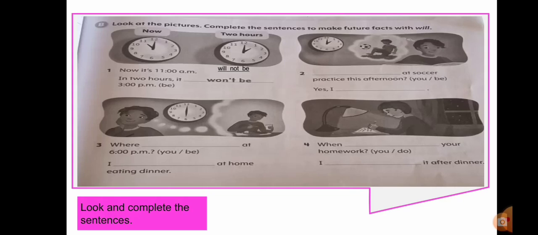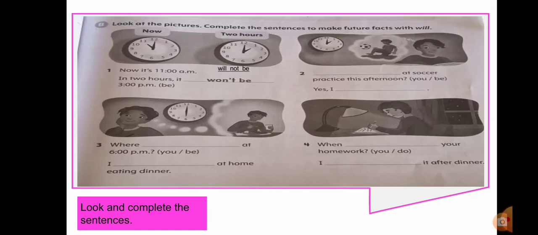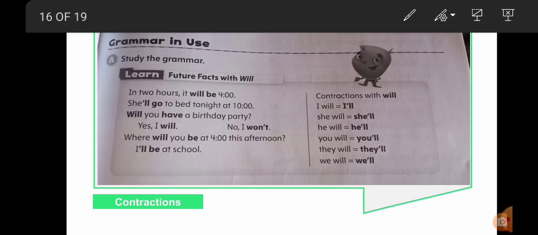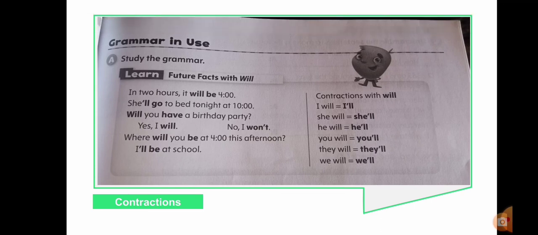Now picture number 2. And as I can see that there is a question mark at the end of the statement. That means we are making a question. And if you remember in the previous part, they have shown that when we are making questions, we use the word will at the beginning.